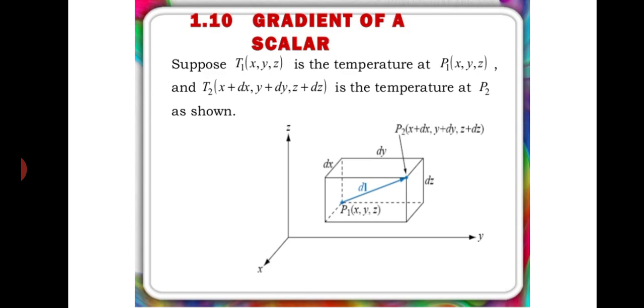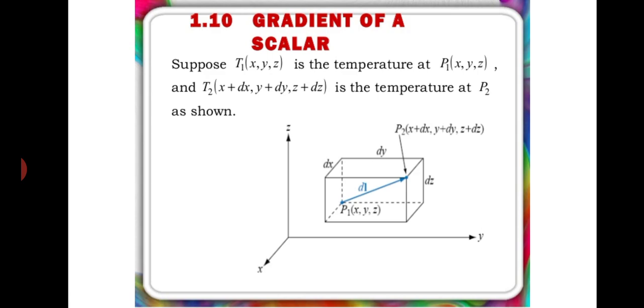Let's say here, suppose T1 is the temperature, and this temperature depends on the three-dimensional coordinates x, y, z at point P1. T1 is the temperature at P1 and T2 is the temperature at P2, as shown in the figure.